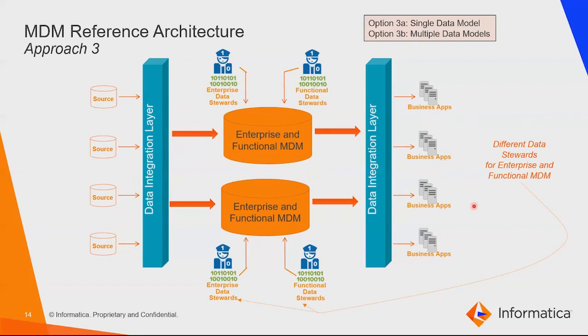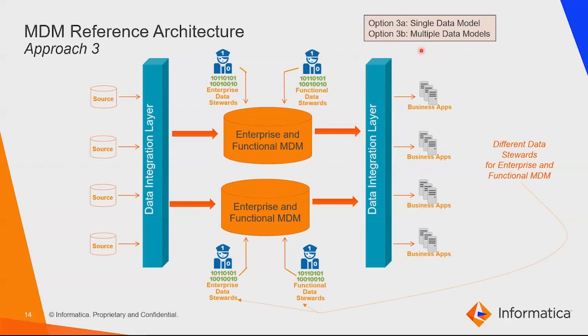The critical difference between approach 3, option 3A and 3B, versus the previous options is that we are having multiple types or groups of data stewards, and they are managing your enterprise data as well as your functional data. But in this approach, there are two options, 3A, where you can have a single data model, or 3B, where you can have multiple data models.